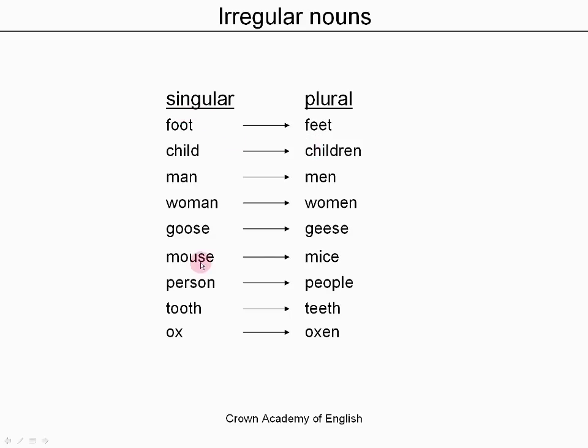And a lot of these words are actually very common. Okay, apart from ox, which is an animal and not very common, but the rest are very common words, in fact. So this list is important. I recommend that you learn this list.